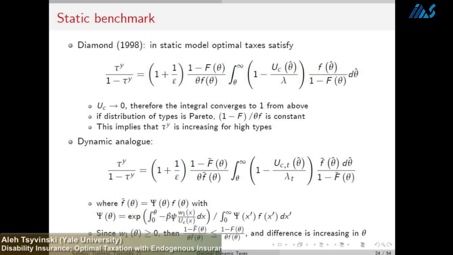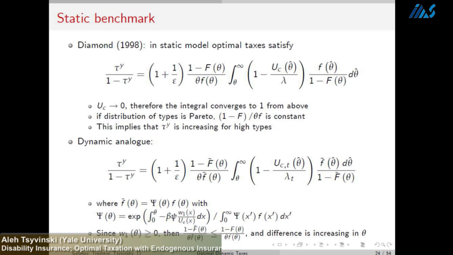So what you get is, for reasonable numbers of epsilon, and for reasonable estimation of the tail of the scale, you actually get pretty high numbers for the top incomes, on the order of magnitude from 50 to 80%. Okay, even if I change the elasticity here, make it lower, it's not going to dramatically change the results.